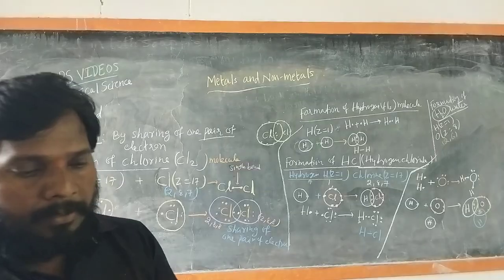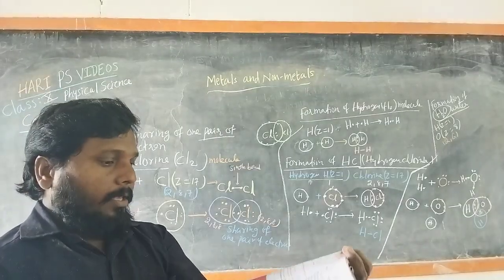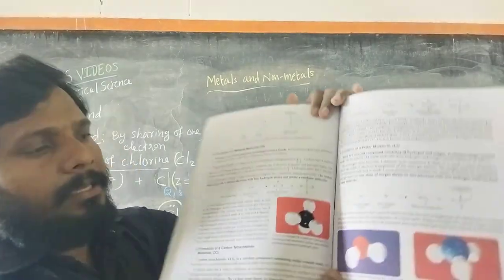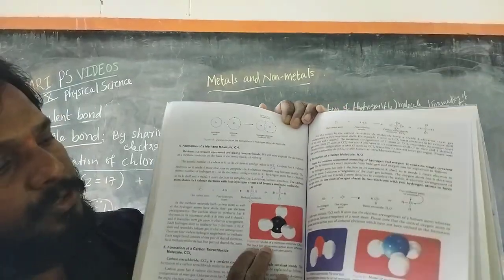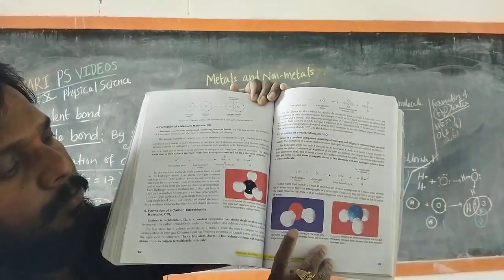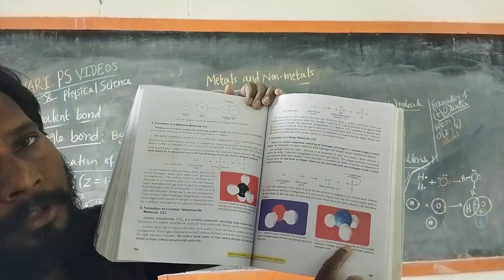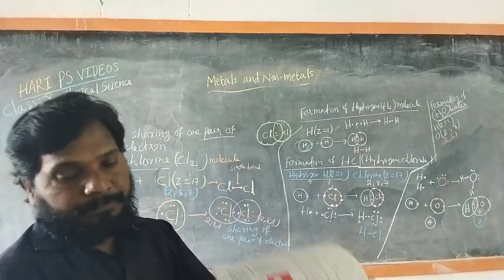Here are some examples. Let's see. This is the methane CH4 structure, the water molecule structure, and the ammonia structure.